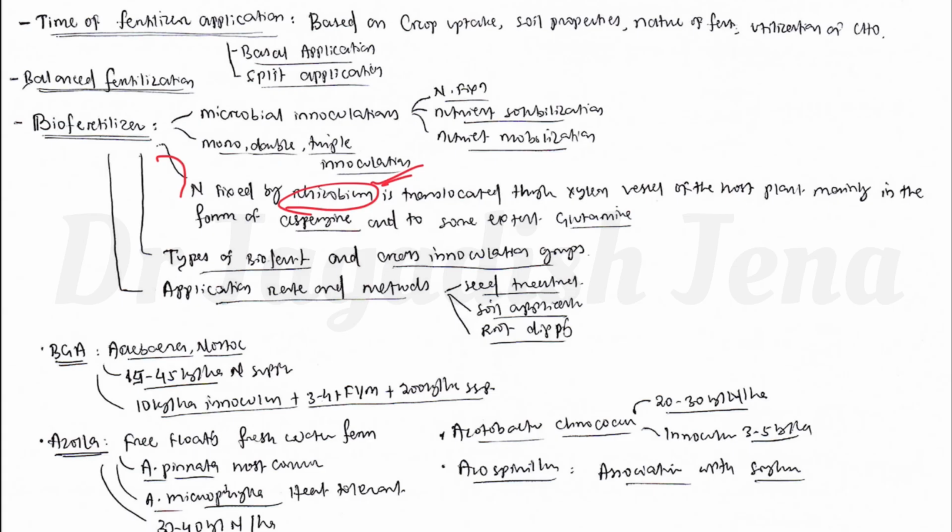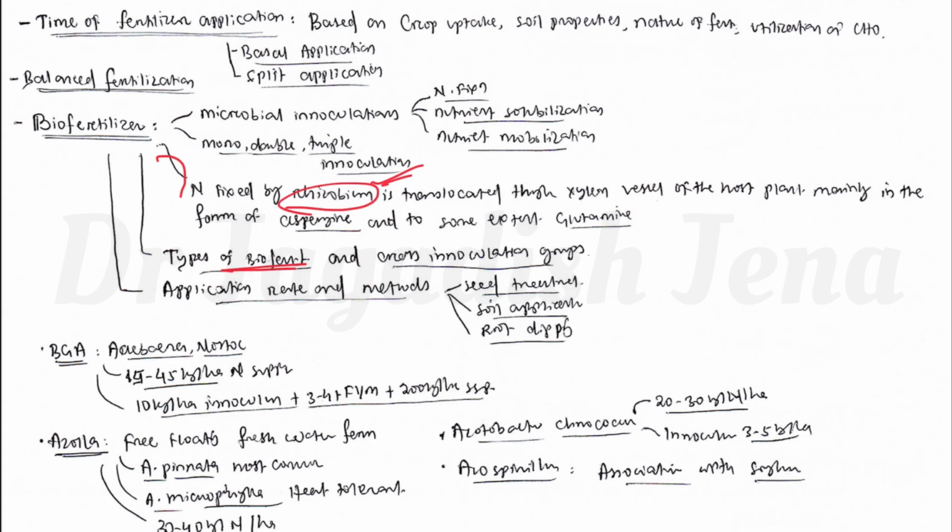Now, when we are talking about legume rhizobium association, a specific type of rhizobium can have a symbiotic association with a specific leguminous plant. This is called the cross inoculation group. There is compatibility of leguminous plants with different rhizobium species.